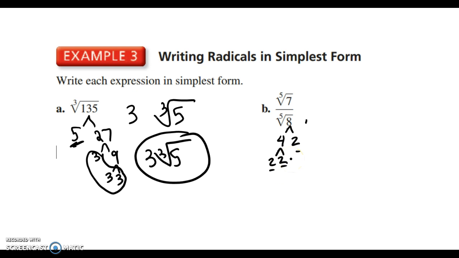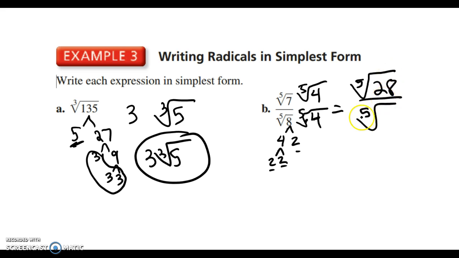So I actually need 2 more 2's, or 2 times 2 is 4. So I need to multiply by the fifth root of 4 on the bottom and on the top. So on the top, I have 7 times 4, which is 28. And on the bottom, I have 8 times 4, which is 32. And the fifth root of 32 is 2, and you won't be able to simplify this top most likely.